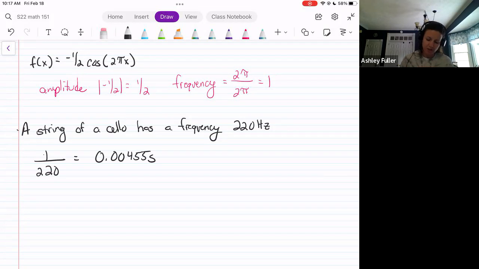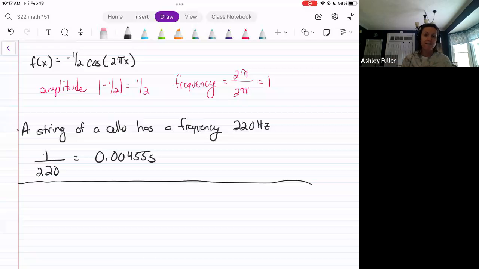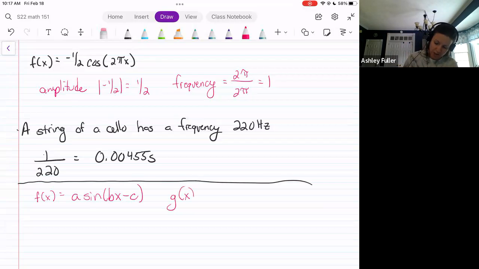The last thing I want to show you is what can happen if we have a phase shift in the sine or cosine function. So if we consider f of x equal to a sine of bx minus c, so we're adding all the pieces in now together, or g of x equal to a cosine of bx minus c.